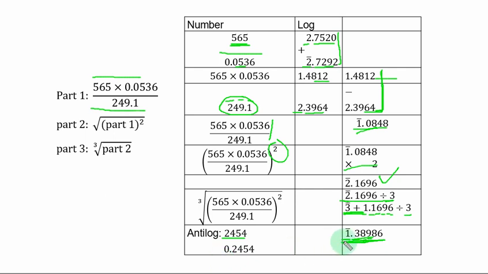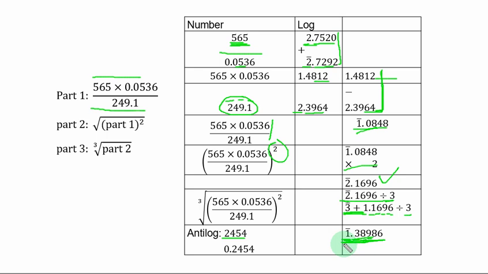So you have 0.2454. Now, assuming this one is positive, you need to add 1 to it. Why? Because you subtracted 1 to get this 2. So assuming bar 1 is plus 1, you need to add 1, and that means you move 2 steps forward.